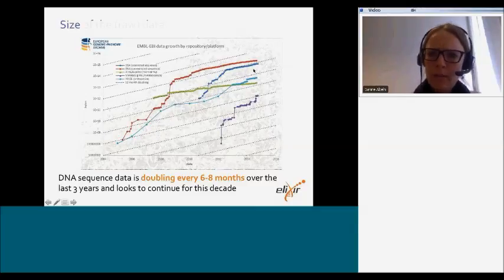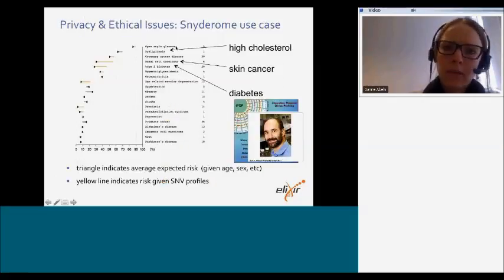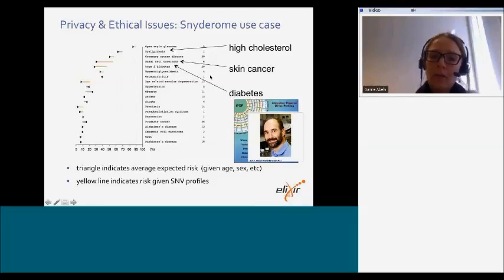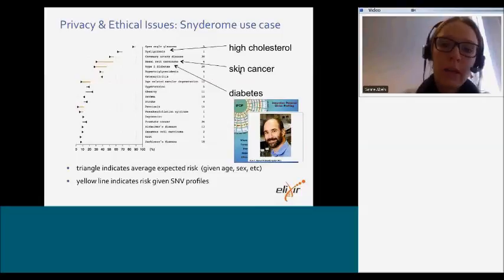The human data, of course, has one other specific issue, and that's the privacy or ethical issues around the human data. So typically, what you want is restricted access for this data. Just to give you an example of what you could do with this type of data: if you have sequencing data, you actually also expose someone's individual risk factors for certain diseases.